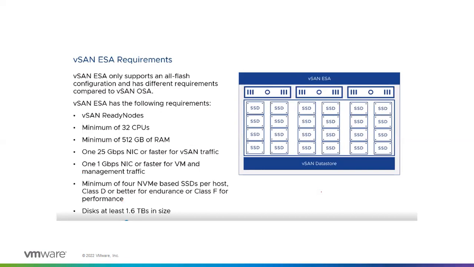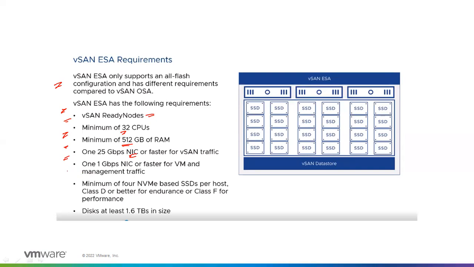Primarily, when we think about building an ESA cluster, what do we need for that? Definitely we need a higher-end configuration as compared to OSA. My node should be a vSAN ready node as per the hardware compatibility list. Minimum CPU requirement is 32, minimum RAM on the host should be 512 GB, and a 25 GB dedicated NIC for vSAN traffic.